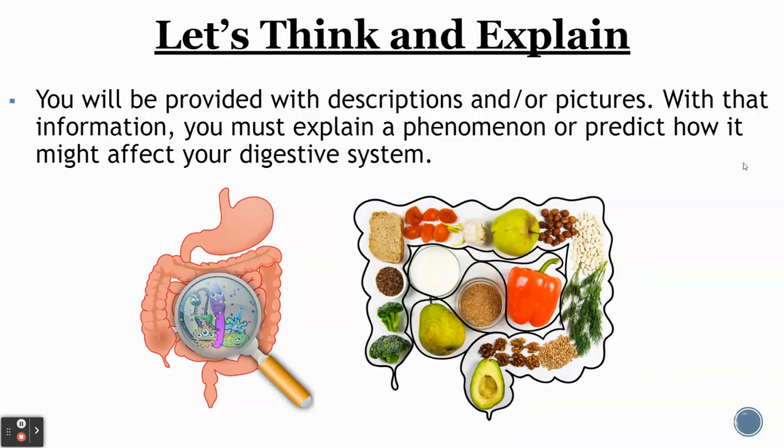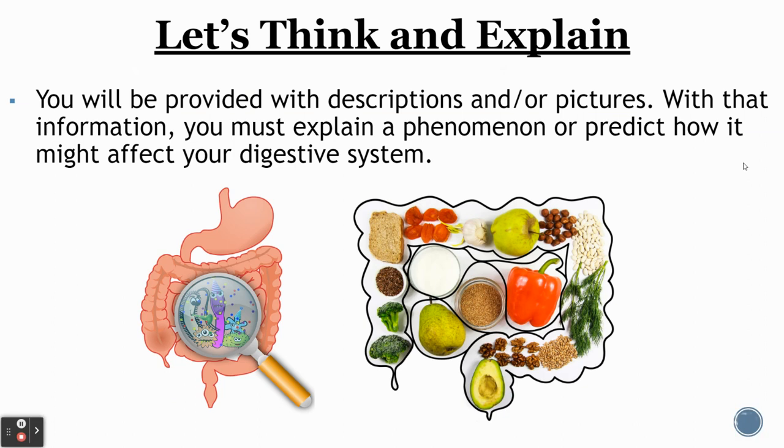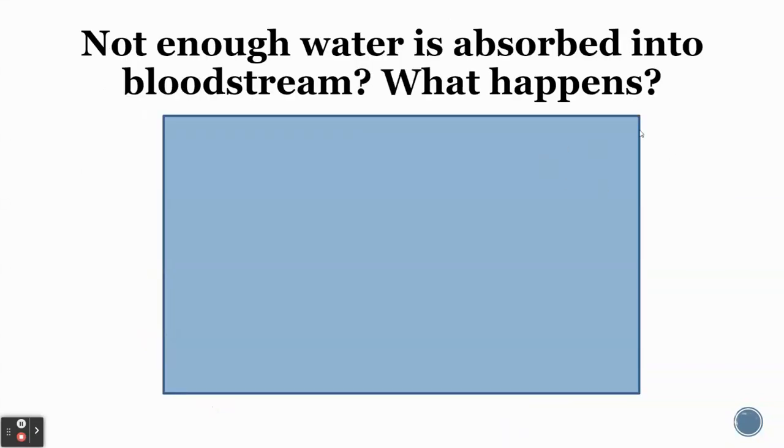So we're going to take a quick look at a sample problem that I want you to try to solve or to explain. So I'm going to provide you with a few pictures or a few questions, and I want you to try to think about the answer using your knowledge of what the different parts of the digestive system do. So suppose not enough water is absorbed into the bloodstream.